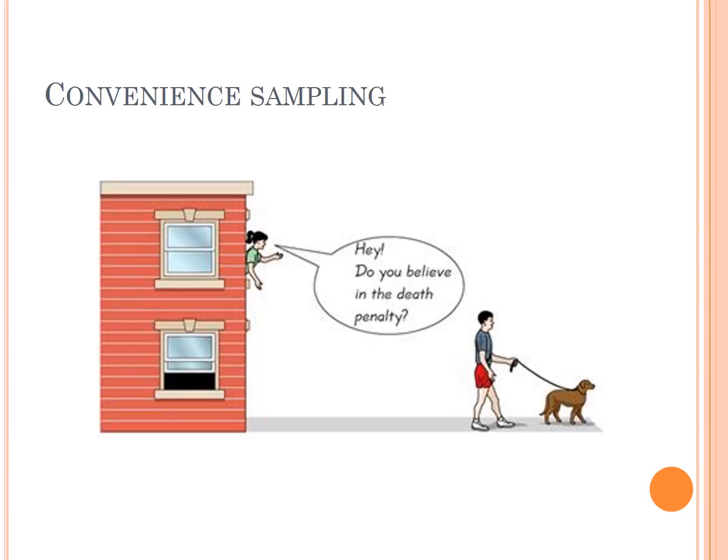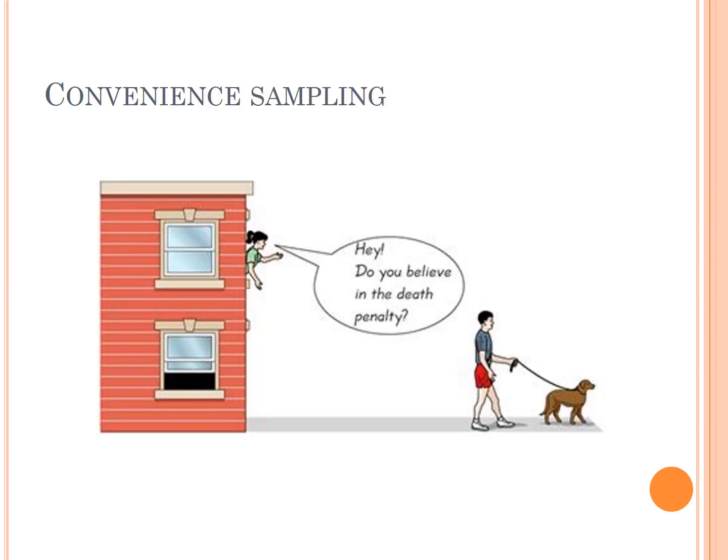In convenience sampling, the idea is that the researcher finds whoever happens to be around them, whoever is convenient to become part of the sample. So for instance, in this picture, the researcher would be the woman in the window, and the potential participant would be the man walking the dog going by the researcher's home.